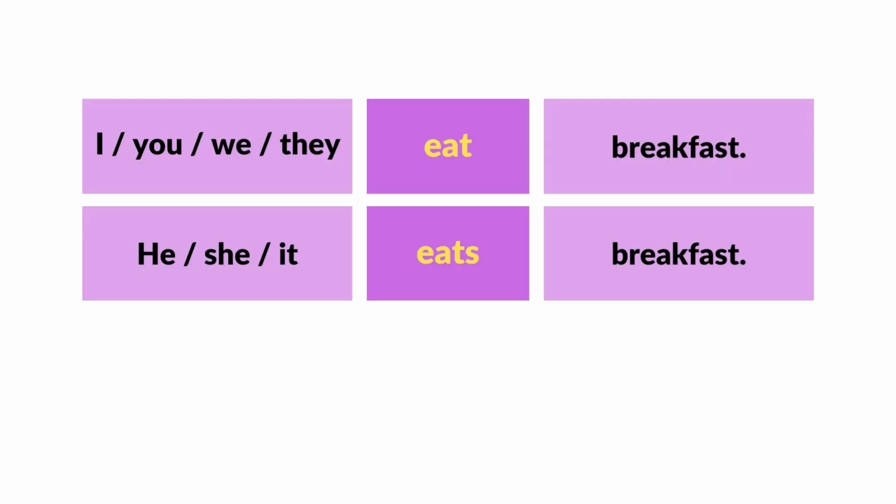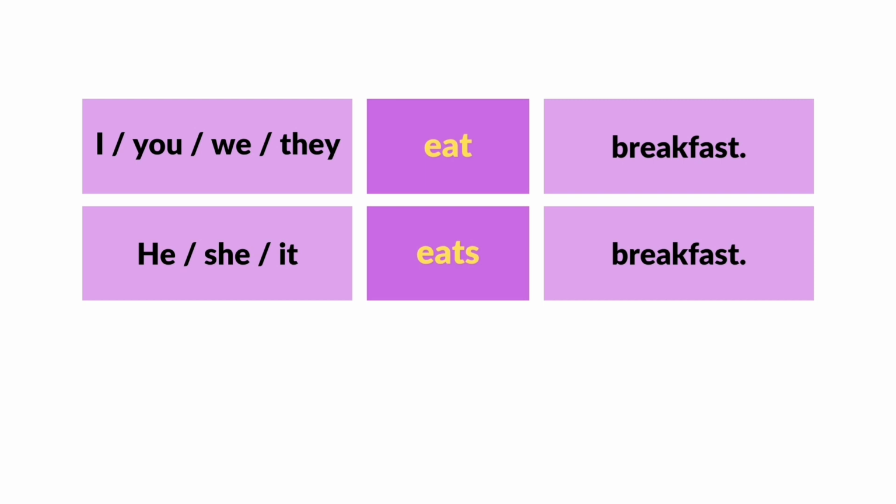Let's see it here. As you can see, when the subject is I, you, we, and they, there is no letter S at the end, but when the subject is he, she, or it, there's a letter S at the end of the verb.